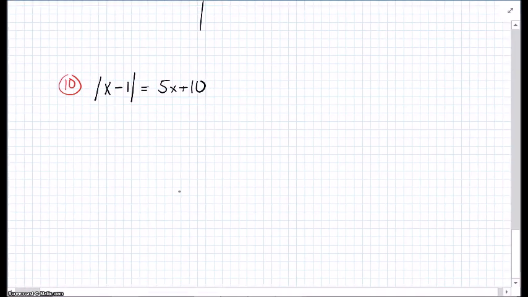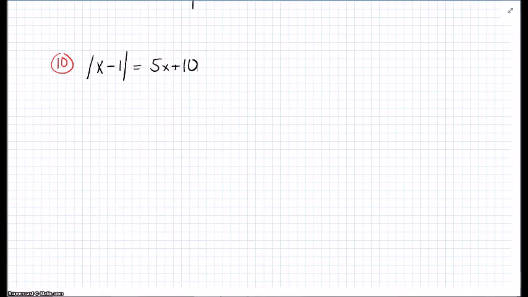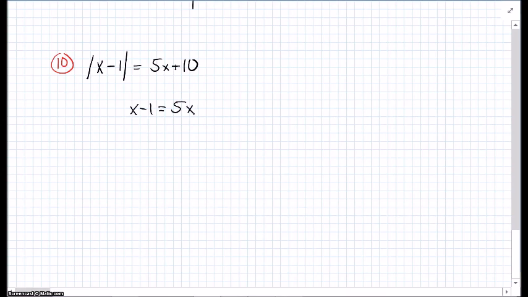So since it's already isolated, we can go ahead and have a positive solution set: x minus 1 equals 5x plus 10. And a negative solution set: x minus 1 equals negative 5x minus 10.